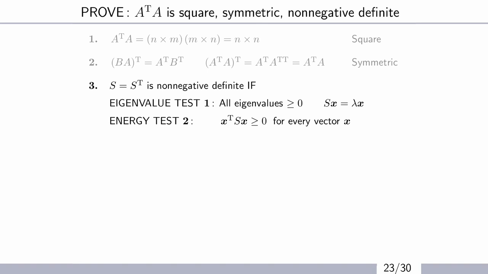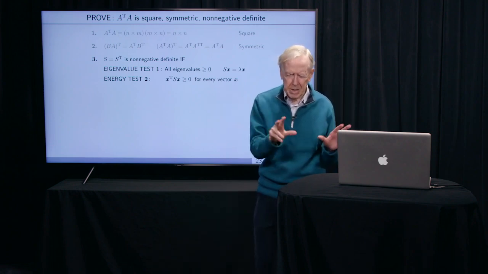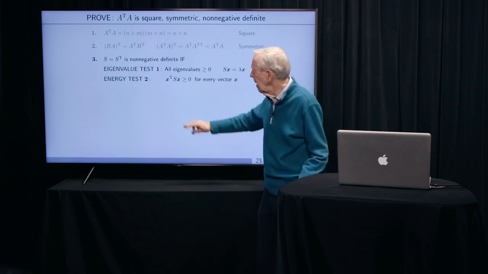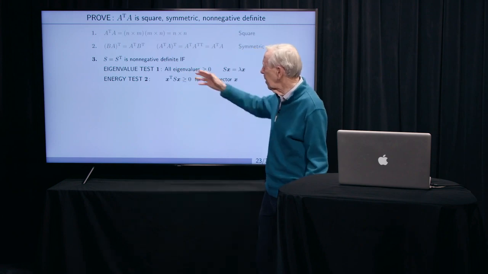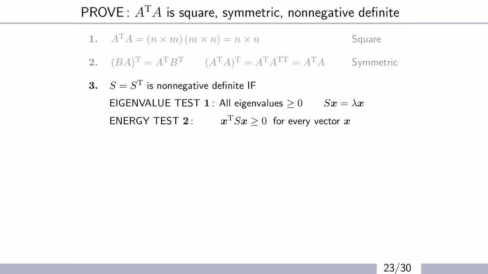So I can either say positive definite when the eigenvalues are positive, or non-negative, which allows 0, so I have greater than or equal to 0. I just want to say that all the pieces of linear algebra come together in these matrices, and we're seeing the eigenvalue part of it. And here I've mentioned something called the energy. That's a physical quantity that is also greater than or equal to 0.